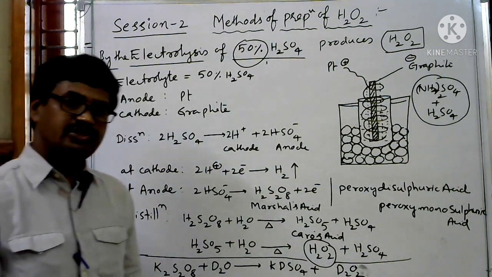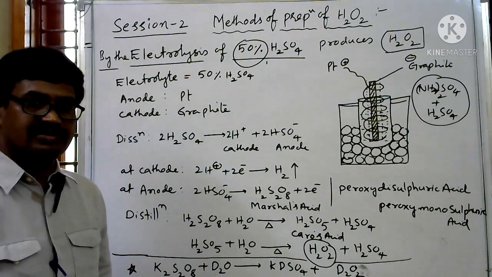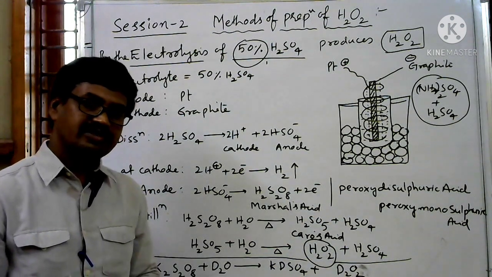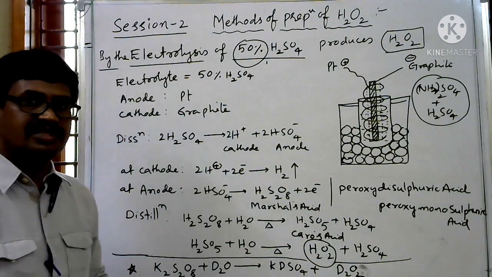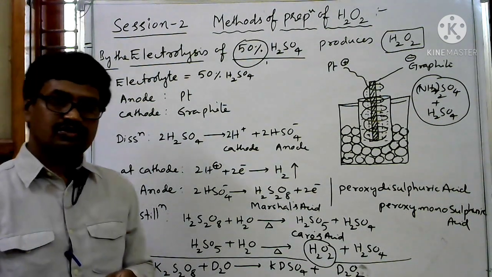It is deuteroperoxide. Deuteroperoxide is also prepared by this method. This is heavy peroxide, deuteroperoxide we can say. This is about electrolysis of 50% H2SO4.